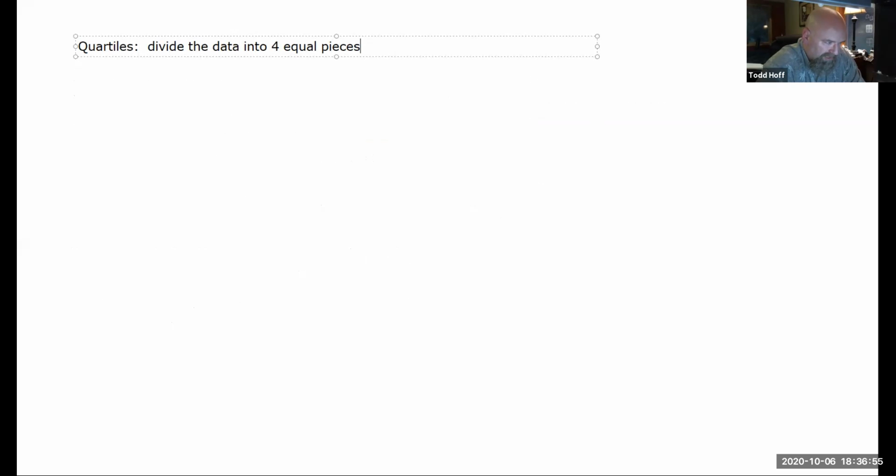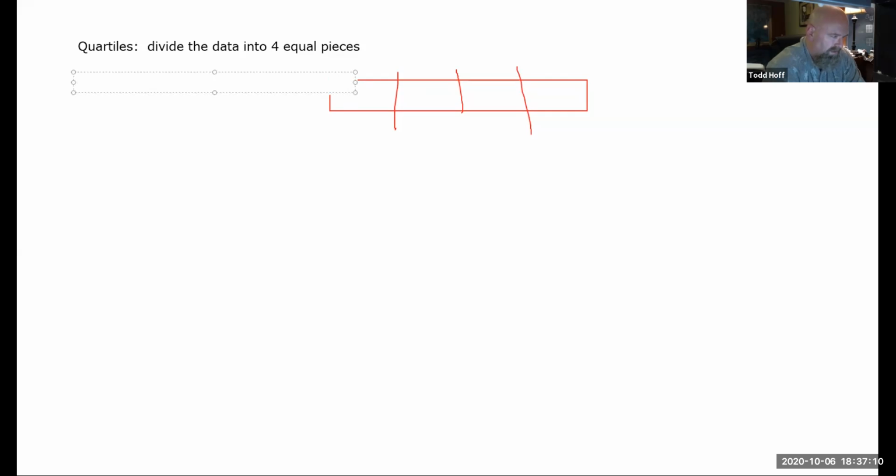If you think about this, if you have an item here and you're going to cut it into 4 equal pieces, it takes 3 cuts. So there are 3 quartiles. We have the lower quartile, or sometimes called the first quartile. It's abbreviated Q1. This is just the 25th percentile.